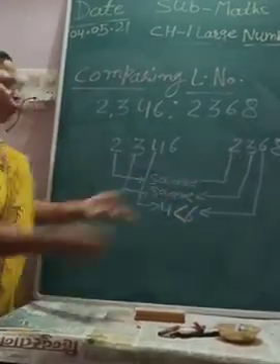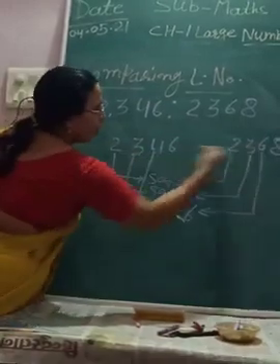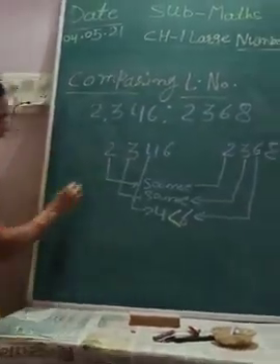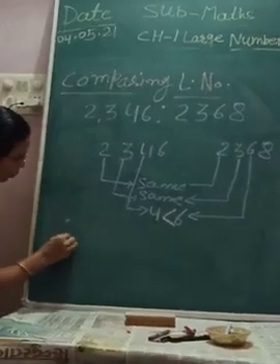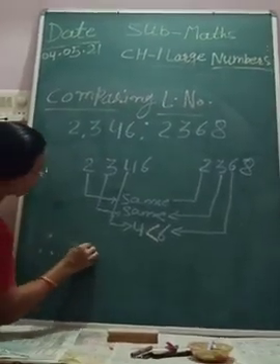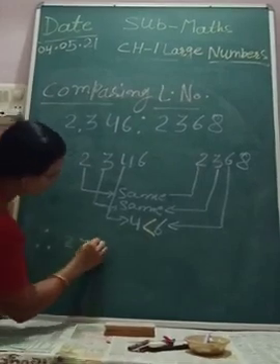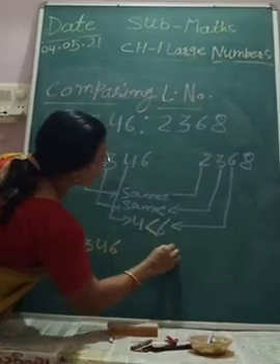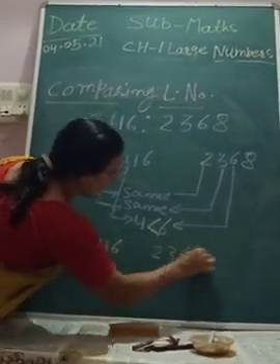If you find it, obviously all the earlier numbers are equal. So how will you write it at the last? At the last you have to write 2346 and 2368.